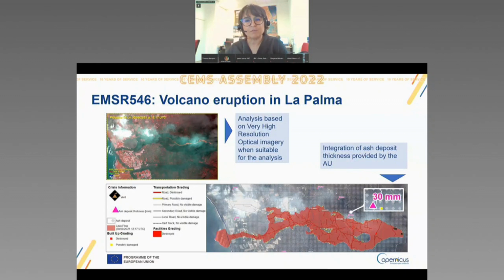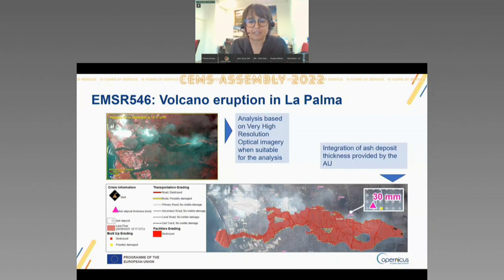As mentioned before, it was also a great example of cooperation with the user, because during this long activation, we had the opportunity to have teleconferences with end users in the field, who also provided additional data that were integrated in the rapid mapping product, like the ash deposit thickness.